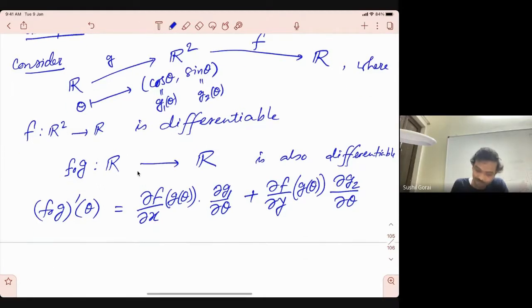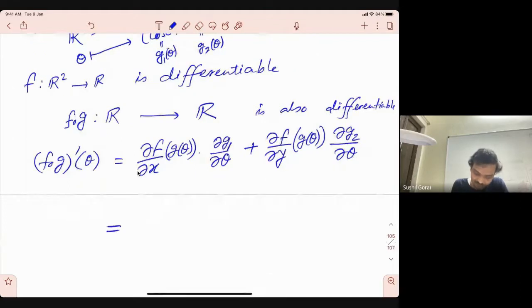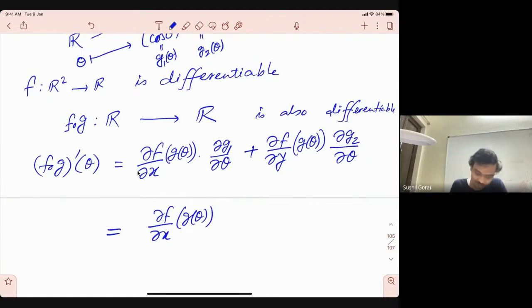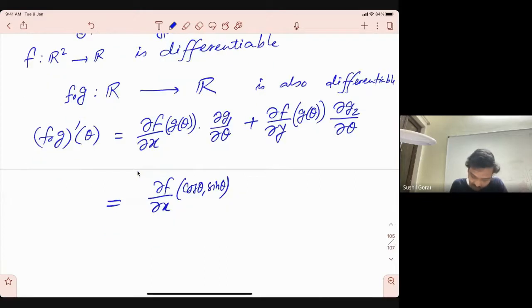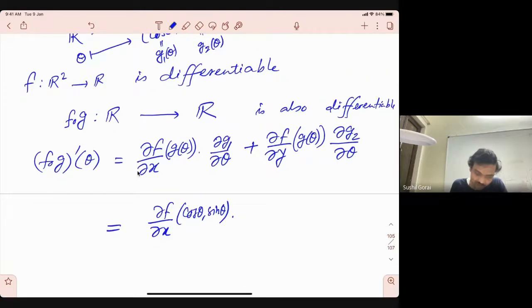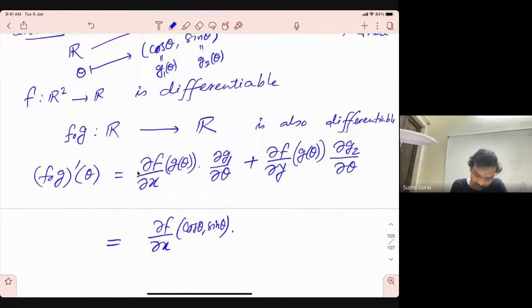All right. Now, this is del f by del x at g(theta), so this part is also important, which means at (cos theta, sin theta). And del g1 by del theta is minus sin theta.